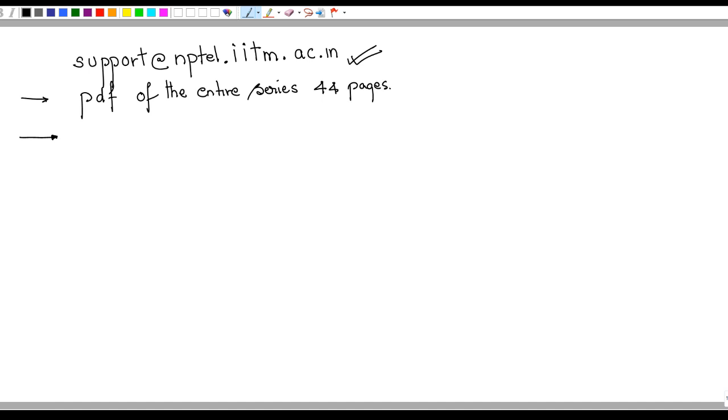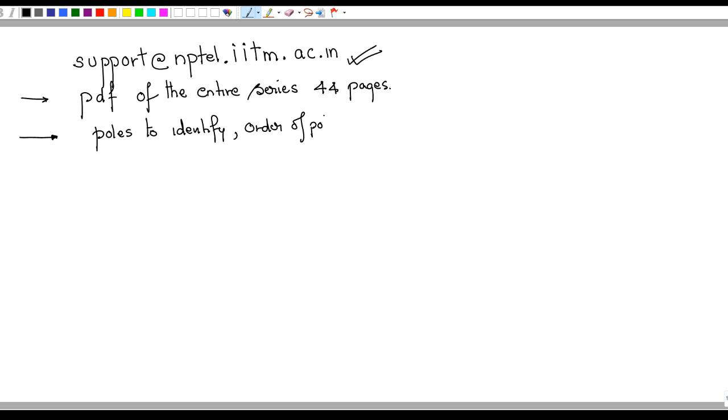Now, one query a few of you have is, what is the type of questions? The type of questions is the type of problems we have discussed in the series. So you will have pole identifications. Where are the poles? You identify whether it is a pole or not, or what is the order of the pole.